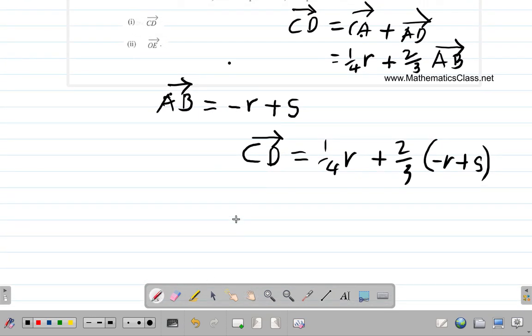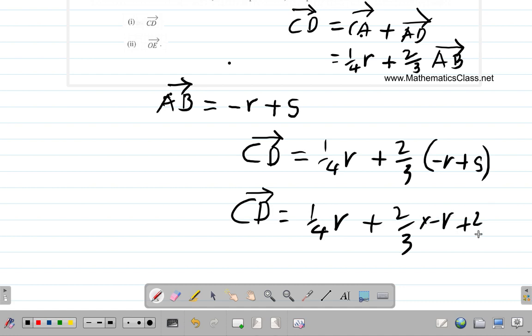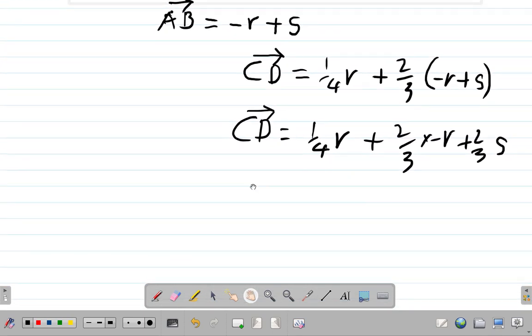Then, here, you have CD equals, you open the bracket, a quarter R plus 2/3 times negative R plus 2/3 S. Coming to the end of this part of the question.